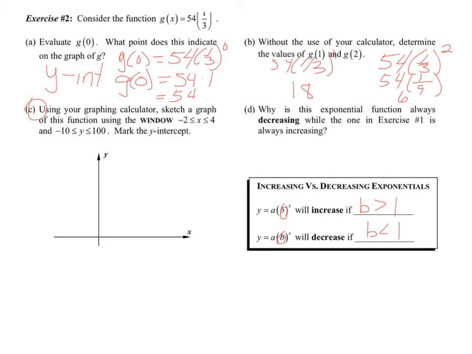When I say less than 1, what I mean is that we're working with the numbers between 0 and 1, not including 0. So we're talking about my fractions, like 1/2, 1/3, 2/5. If my b is a fraction less than 1, then I will be decreasing, or decaying.